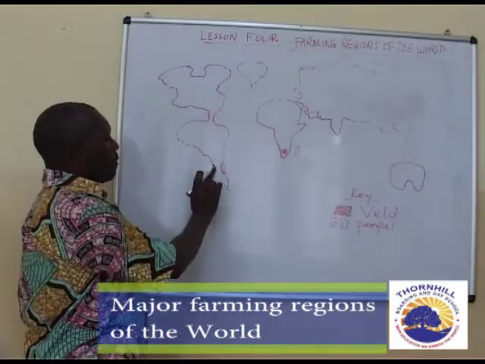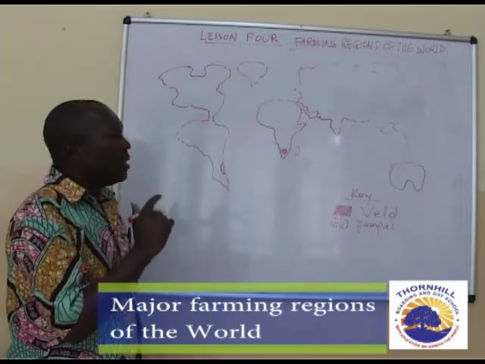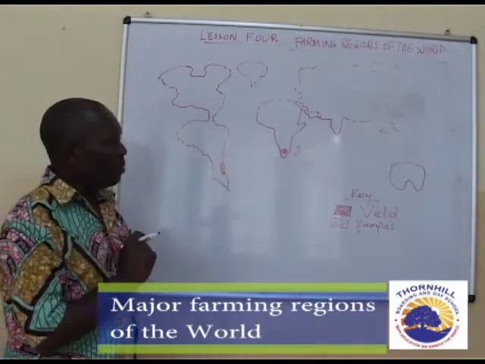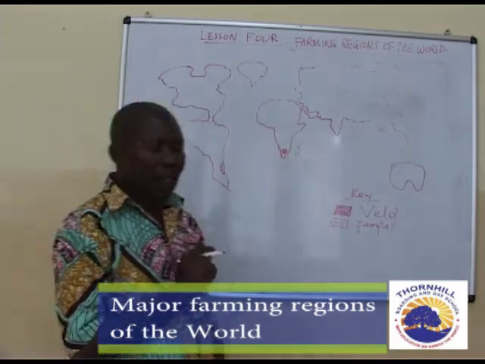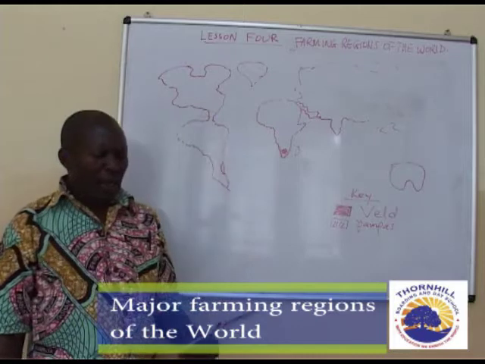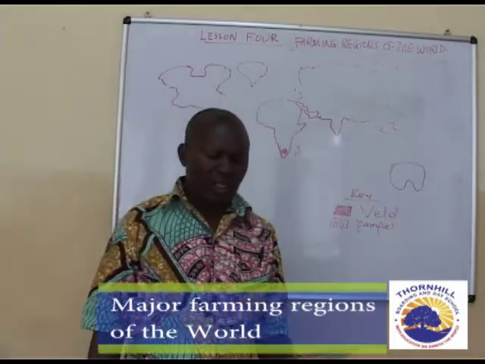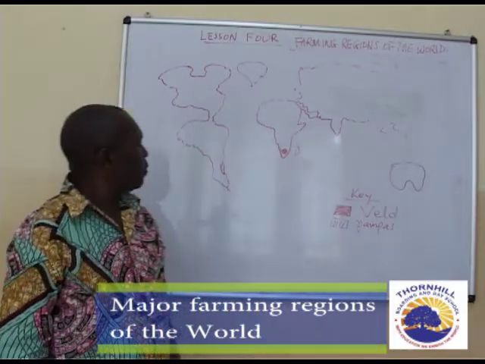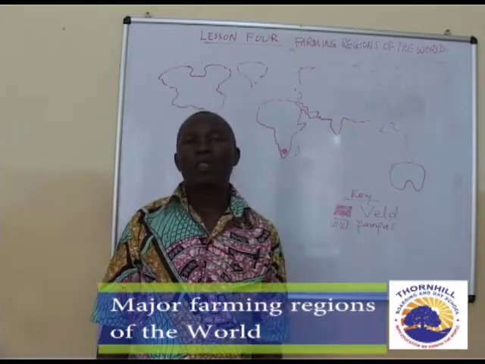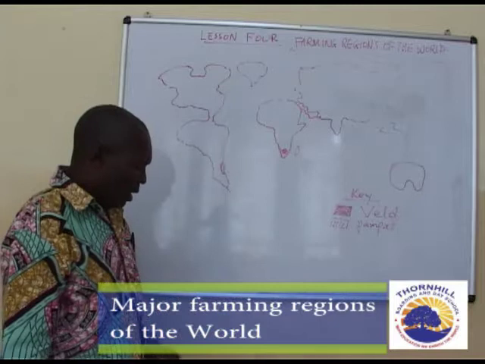So there are big farms there in the pampas, and the crop that is grown there is wheat. Wheat is grown at a larger scale. The cattle are used to make beef, mince, and corned beef that is exported to other countries in the world.